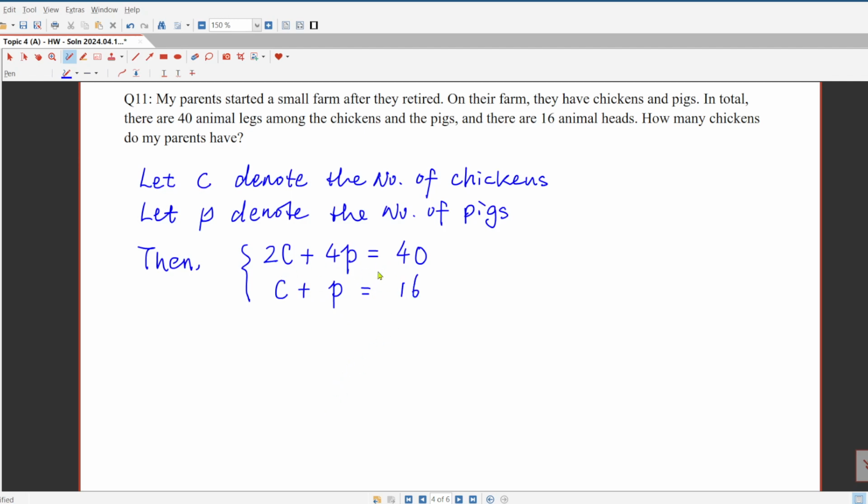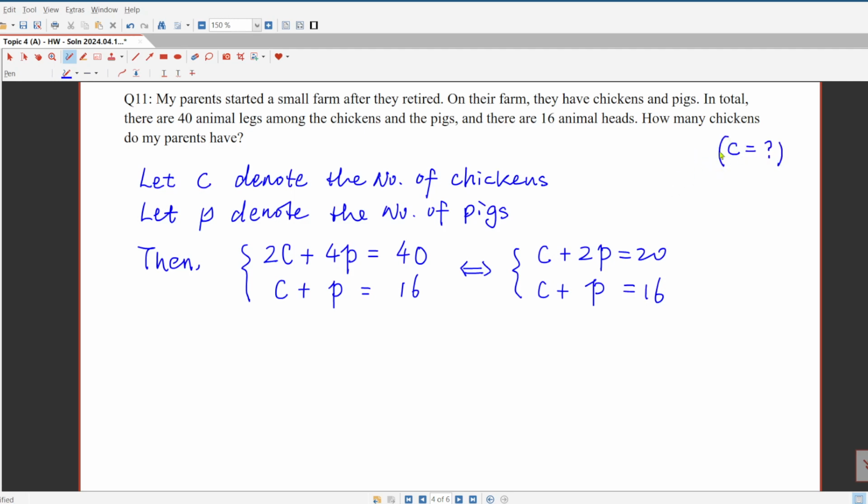Again, 2 equations, 2 unknown variables. We could solve C and P respectively, right? First of all, we can simplify the first equation to C plus 2P equals 20 and C plus P equals 16, right? Also note that the question only asks us to find the number of chickens.